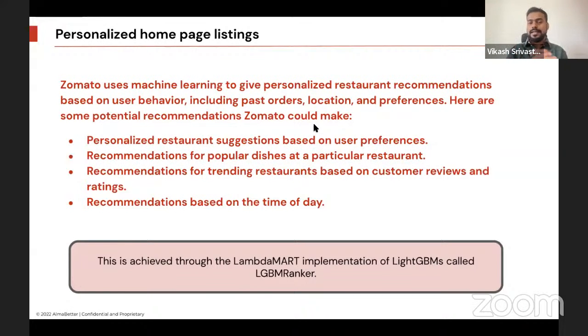But nowadays they have moved past that, and they are using something called a LambdaMART implementation of LightGBM, right? LightGBM is a really popular model which was introduced pretty recently, only 4 or 5 years back. GBM is short for gradient boosting machine, and it's an advanced type of decision tree model algorithm overall. So they're using a tweaked version of this called LightGBM Ranker.